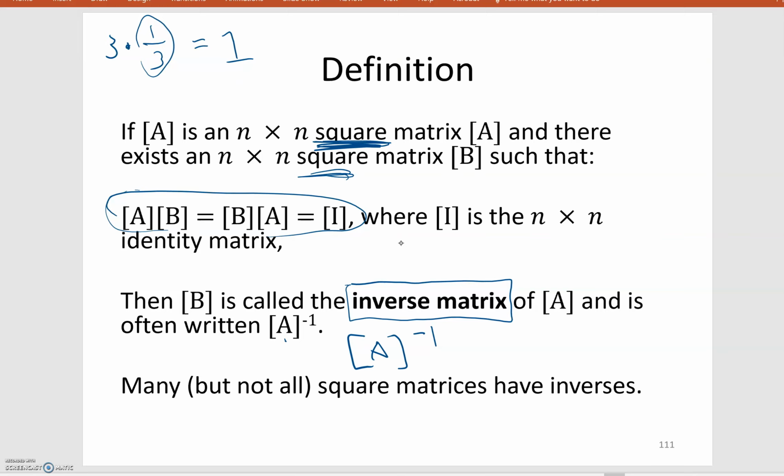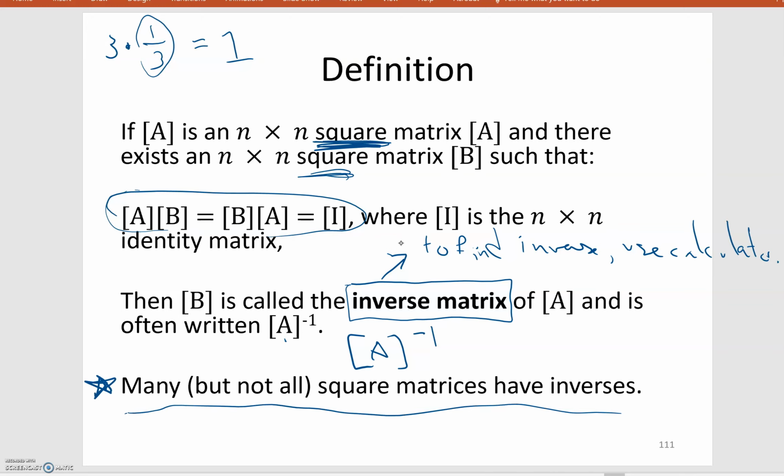Well, that's kind of hard, actually. You have to use some linear algebra, which is what we're doing now. But we're going to let the calculator do this. So to find an inverse, use the calculator, and I'll show you how in just a minute. But another point that we need to discuss is this last statement right here, that not every square matrix even has an inverse.